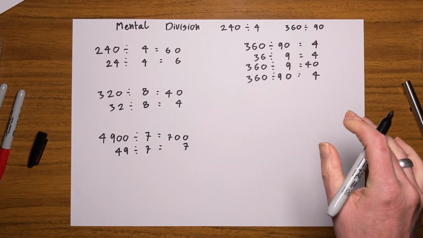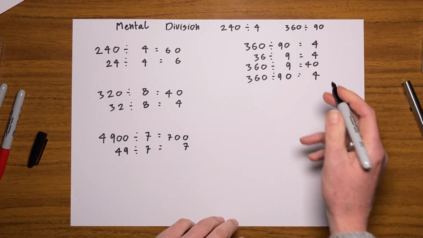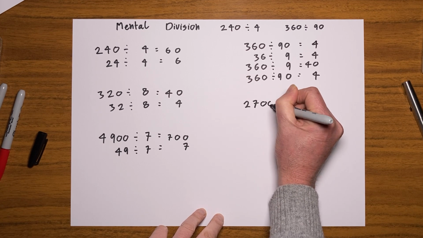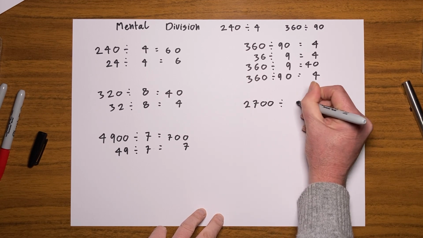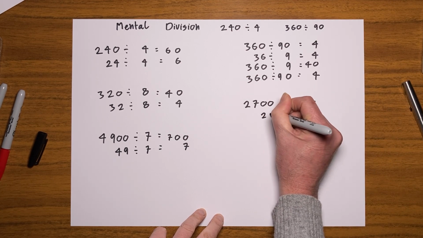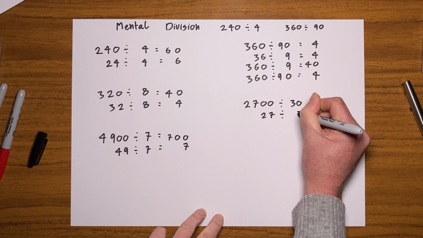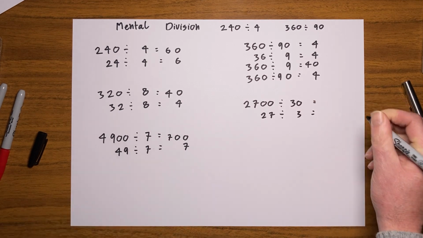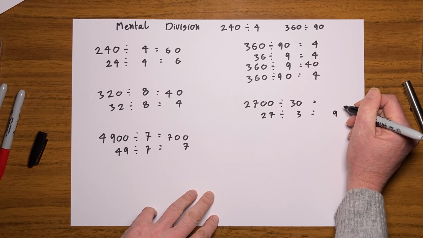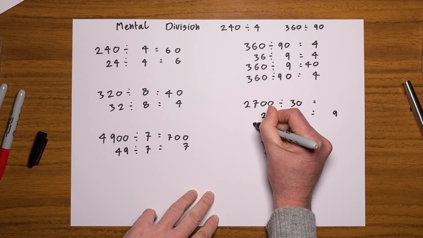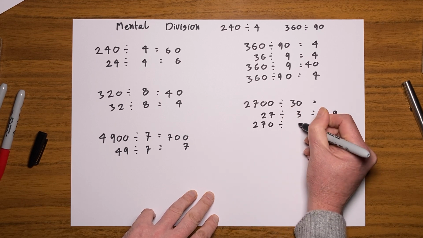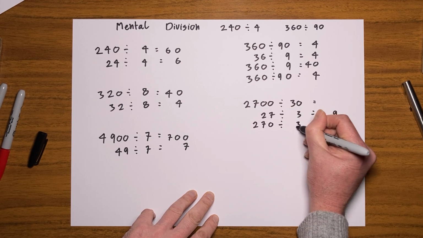I'm going to do one more of those, and then I will leave you to do some practice. So let's do 2,700 divided by 30. The key to this is do it step by step. So I'll do 27 divided by 3, which equals, how many 3s in 27? It's 9. Now I'm going to do 270 divided by 3.